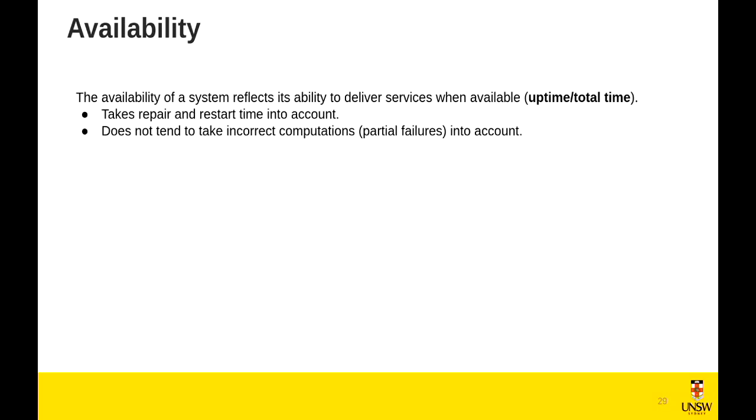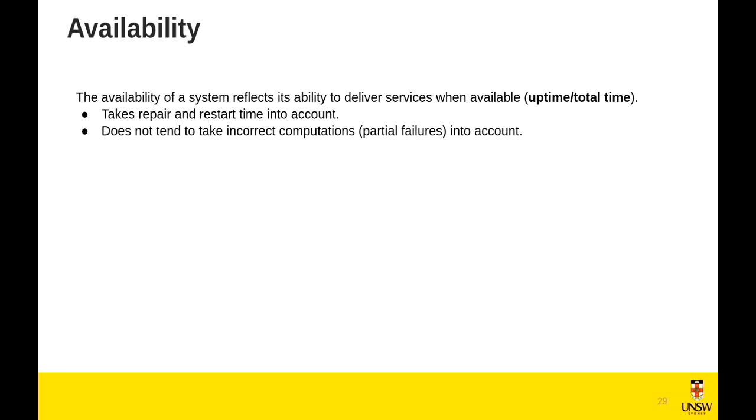And the second metric is availability. The availability of a system reflects its ability to deliver services when requested. It is calculated using this formula here. It's also very simple. We can just use the uptime of the service divided by the total time since we started running the service.